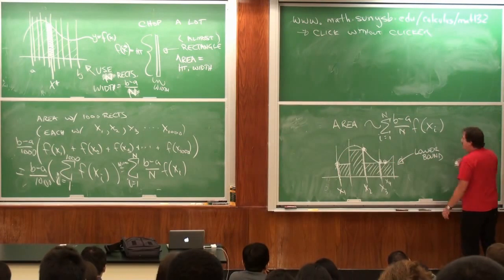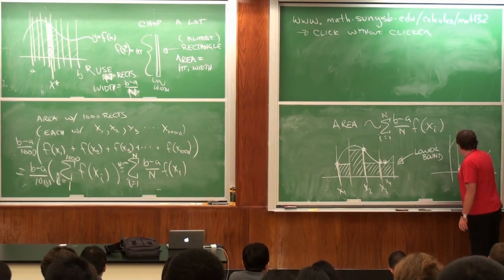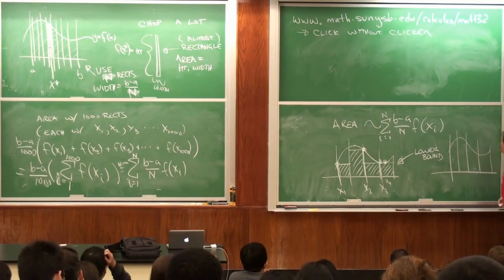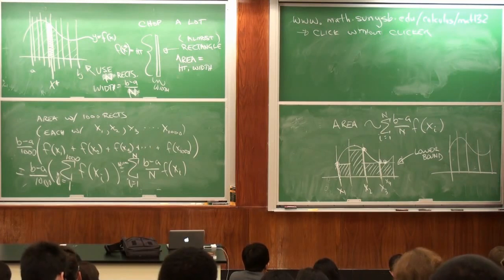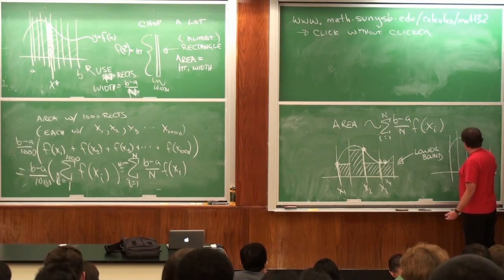Let me just draw the same picture, or pretty close to the same picture. Here, here, here, there. So if instead of calling them x, I'll call them v. M for max and min, but whatever. I will call them v.